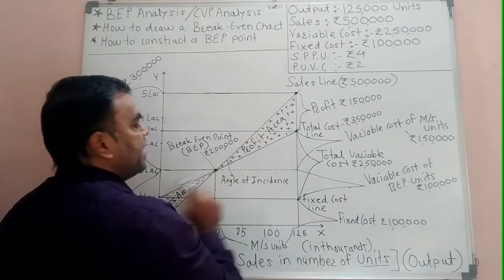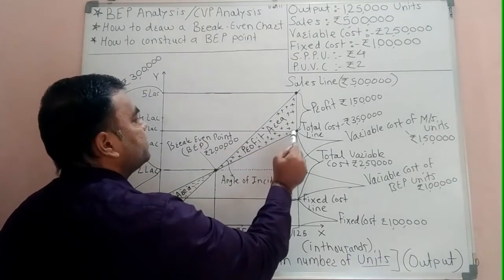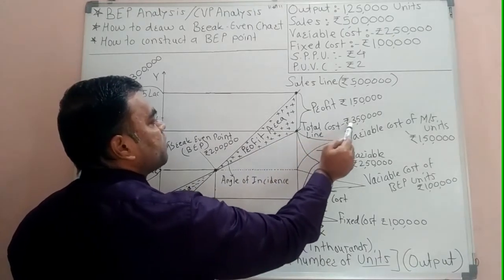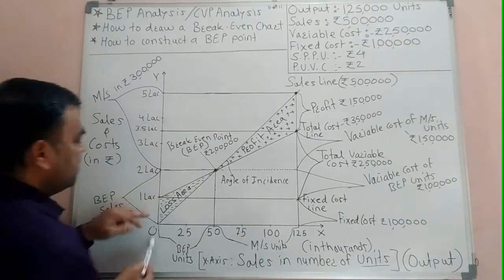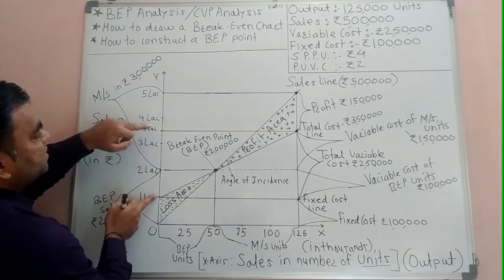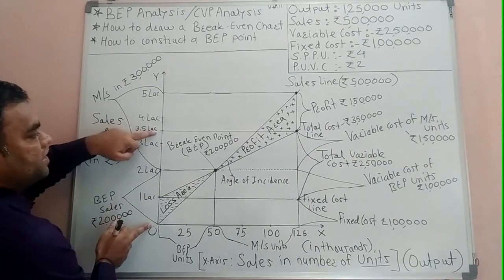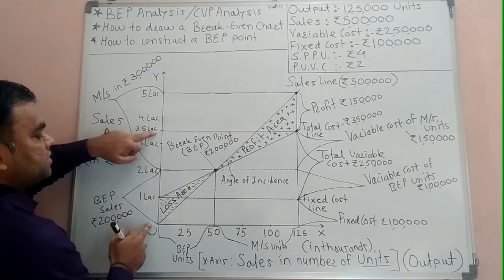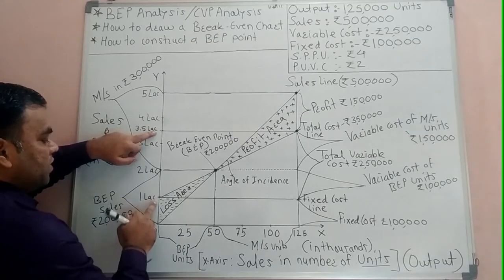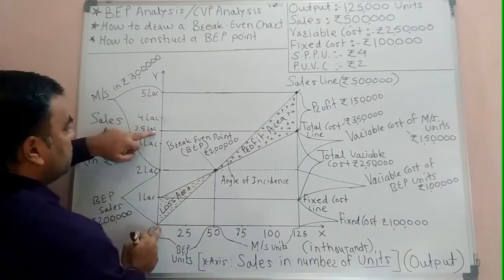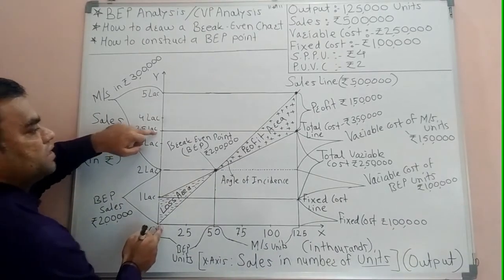Then what will we get? We will get this line, which is known as the total cost line. Total cost is rupees 3,50,000: 1 lakh is our fixed cost plus 2,50,000 variable cost, total 3,50,000. So the total cost line starts from 1 lakh.